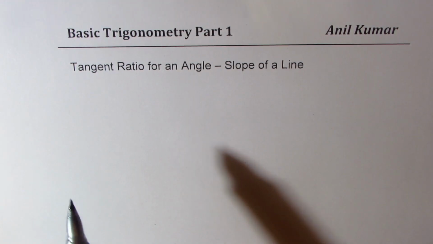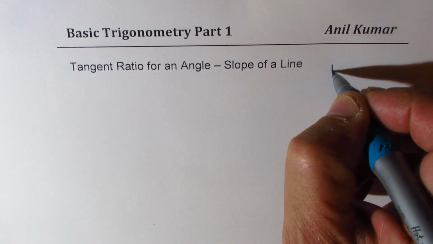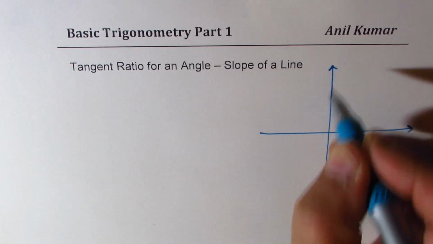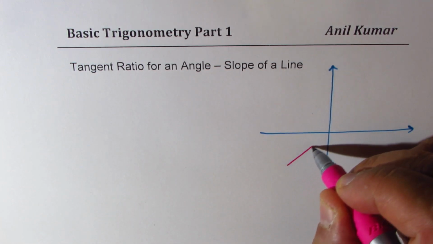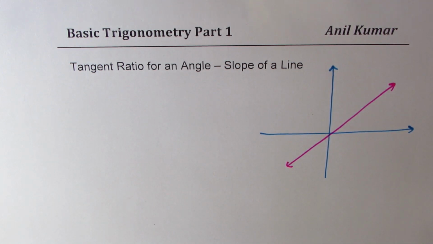Now we will extend the basic concept of tangent ratio for an angle to slope of the line. So let us consider a few lines now. So here is our coordinate plane, and let us say we have a line which is somewhere here like this. Okay.